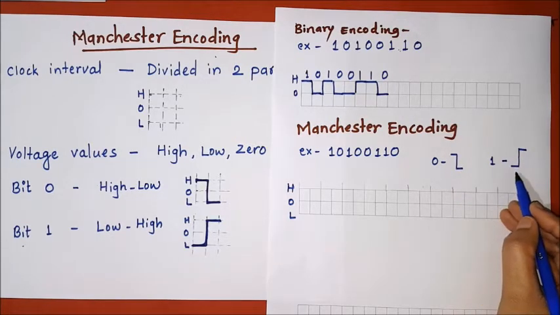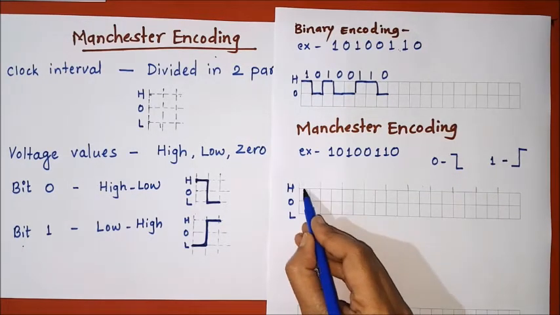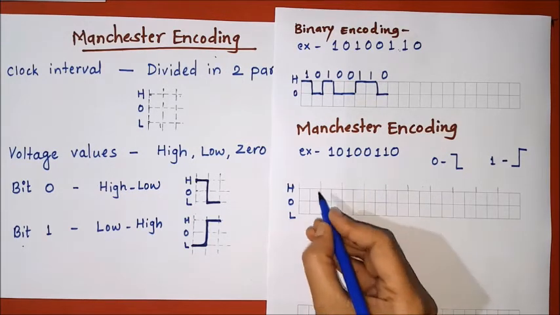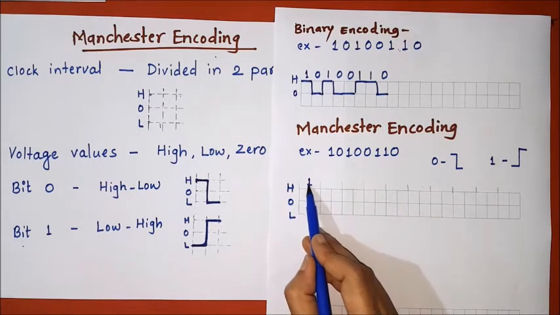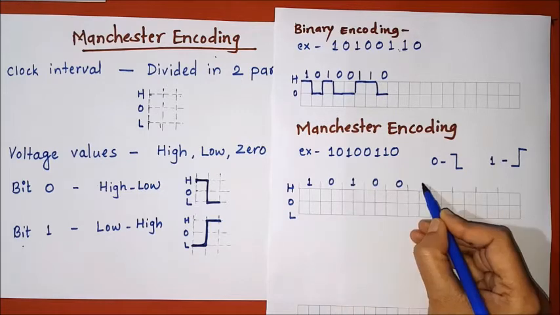These two representations are as per IEEE 802.3 standards. So let us encode this given string. Here each clock interval is divided into two parts and for each bit one clock interval is required. So this clock interval is for the initial bit 1, 0 and so on.